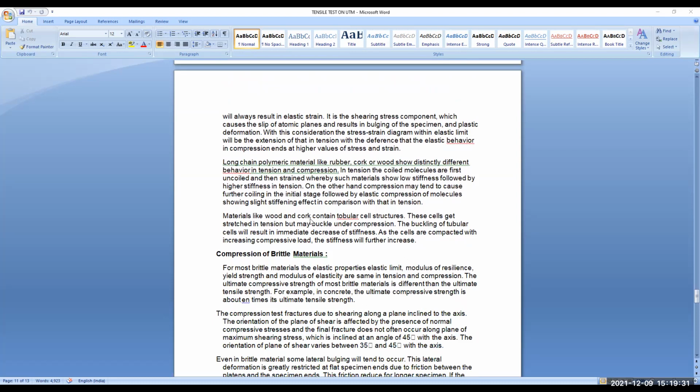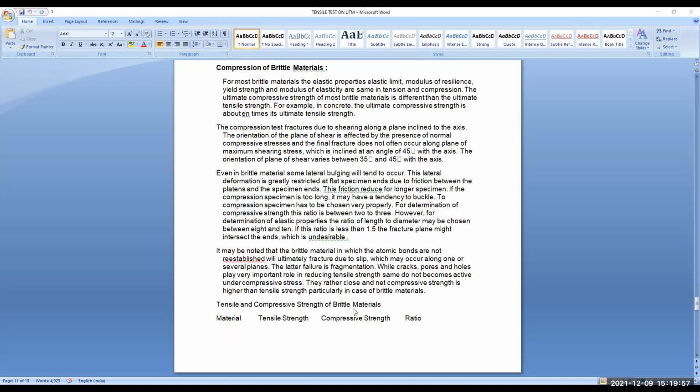Wood and cork contain tubular cell structure. These cells are stretched in tension but may buckle in compression. The buckling of tubular cells will result in a decrease of thickness as the cells are completely compacted with increased compressive stress, and the stiffness will further decrease.